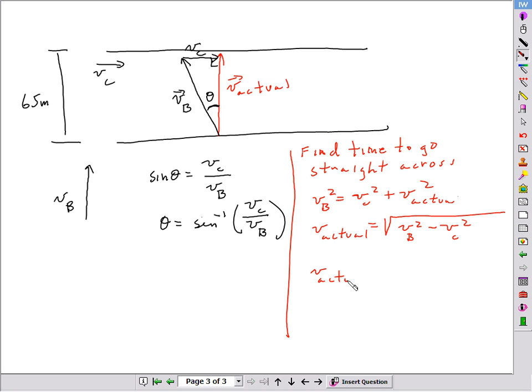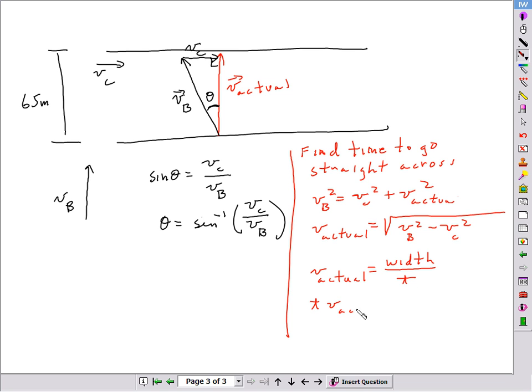Then to find the time, we'd say V actual, after you've already calculated what it is, is equal to the width of the river, because that's the straight across distance. And if I'm using the straight across velocity, I use the straight across distance over the time.